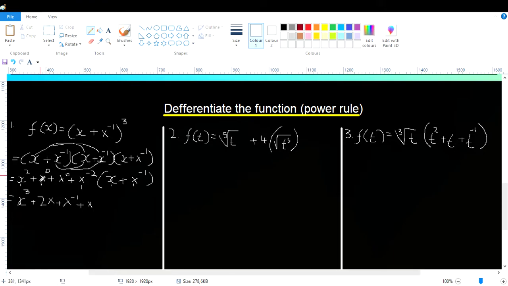Here we have 1 plus 1 times 2, so it's 2 times x to the power minus 1, which is equal to plus 2x to the power minus 1. Then x to the power minus 2 multiplied by x to the power minus 1, the answer is equal to plus x to the power minus 3.